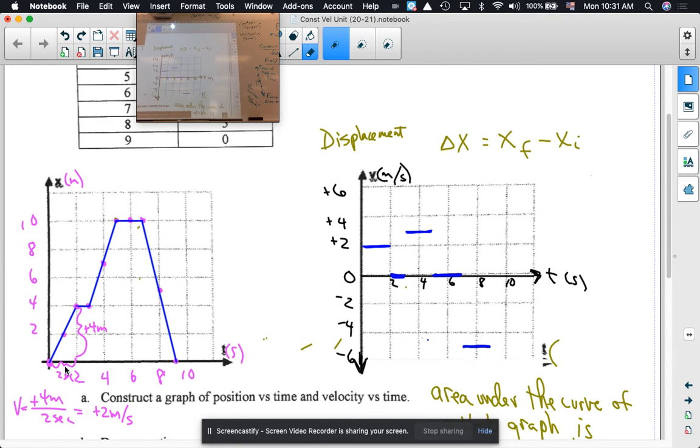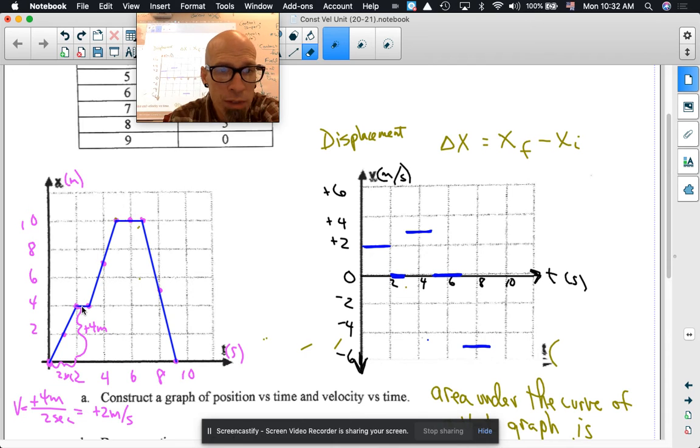That's your velocity. Notice what I did on the VT graph. I drew a line at positive 2 meters per second, and that lasted for 2 seconds. So again, I found the slope. I drew my line on the VT graph at the place where the slope told me to draw it, and for how long of time the graph told me to draw it, for 2 seconds.